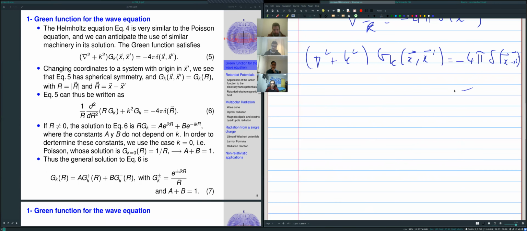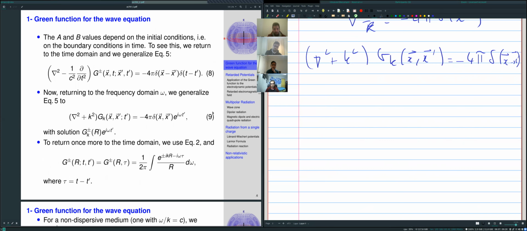Okay, so this is equation 5, and now we are extending the same equation, but to include a time dependence on the right-hand side. So equation 8 is the same equation, but written in real space. And equation 9 is the corresponding Fourier transform.